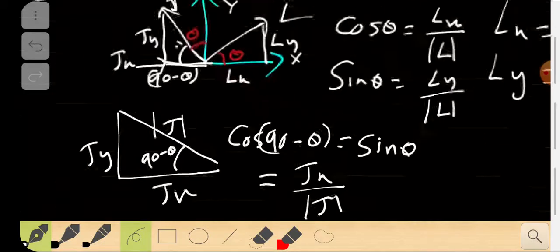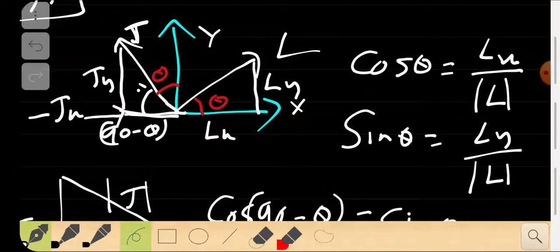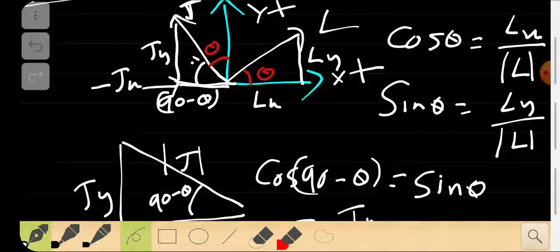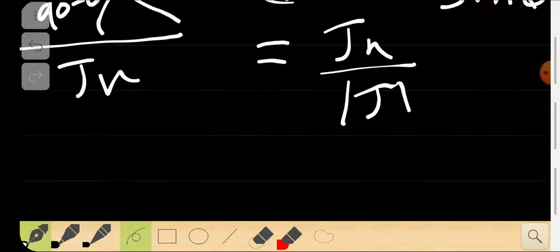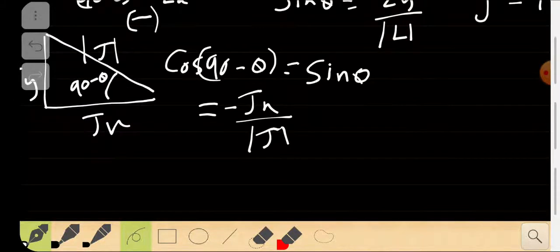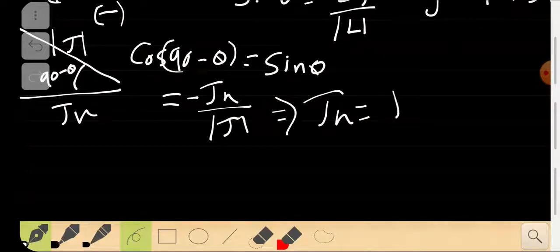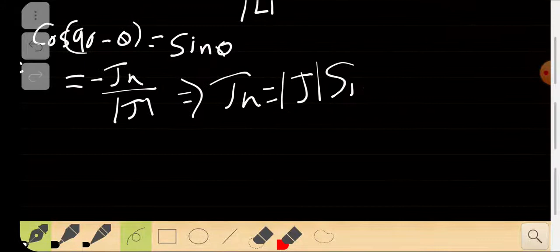So jx here is negative, okay, it's negative because it's going in the other direction. If we take right as positive and anything left or down as negative, then jx will be negative, so you write down a negative here. So you can write that jx is equal to j sin theta with a minus sign, right?